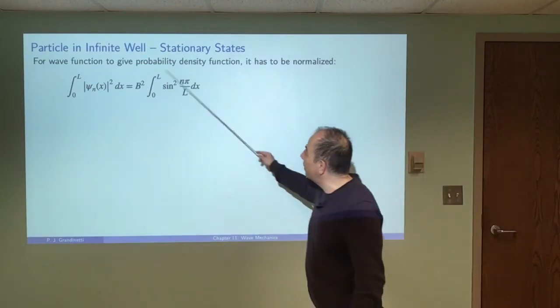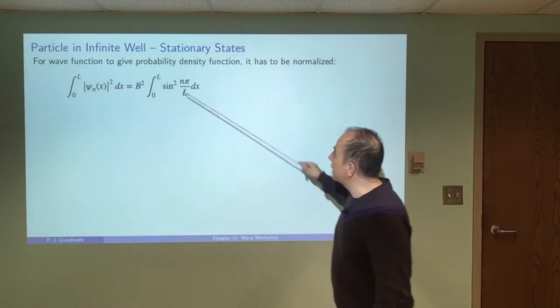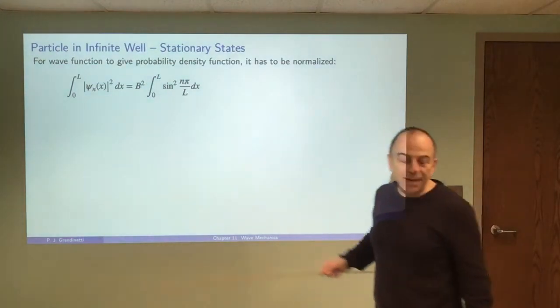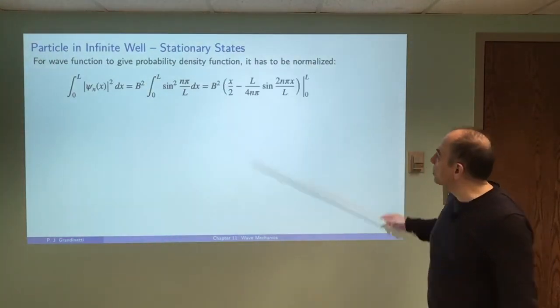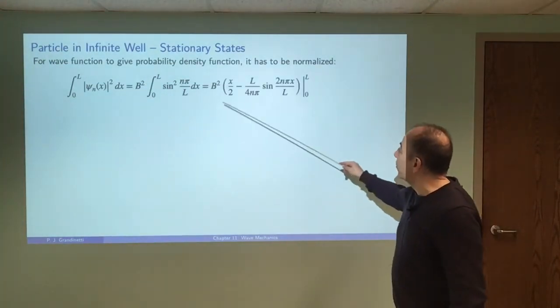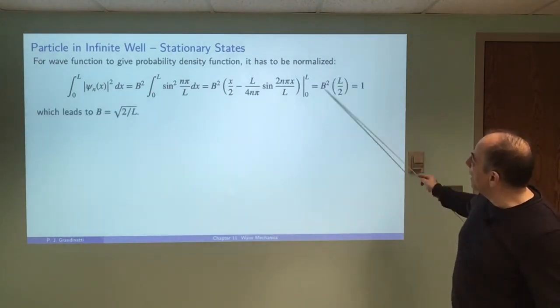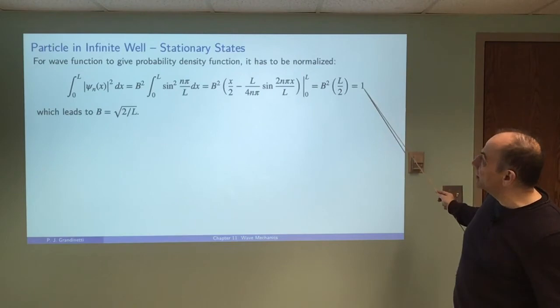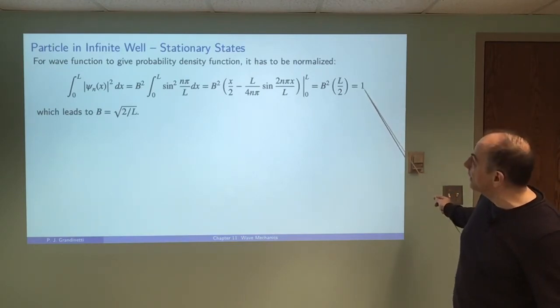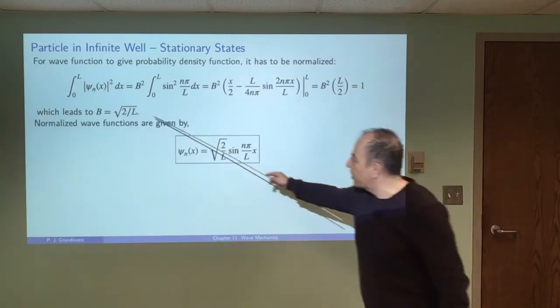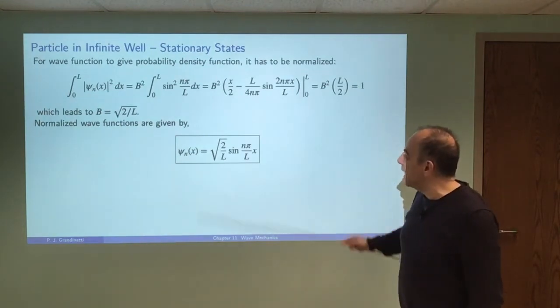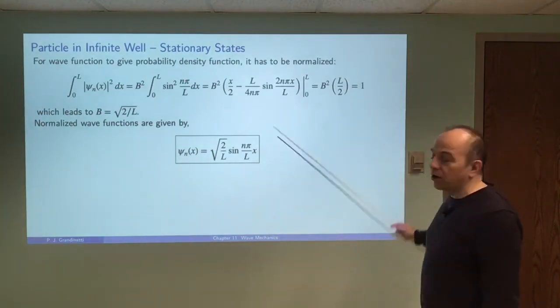If I plug in the form of the wave function that we just had, then we have this undetermined b. And of course, if I look up the integral, I get for the integral evaluated between those limits b squared L over 2, and that has to be equal to 1 for a proper probability density. And so that gives us our value for b and our final form for our wave function.